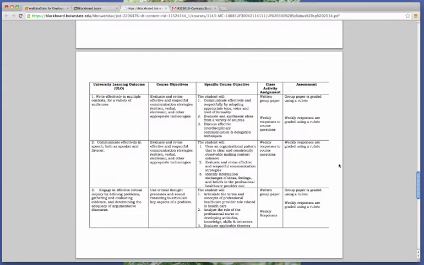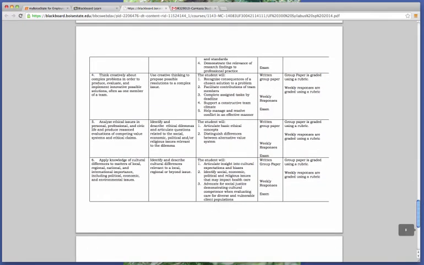The third one there is engage in effective critical inquiry by defining problems, gathering and evaluating evidence, and determining the adequacy of the argument that's occurring. So this really does come in with your group paper, and we'll look at some of these with your weekly reading responses.